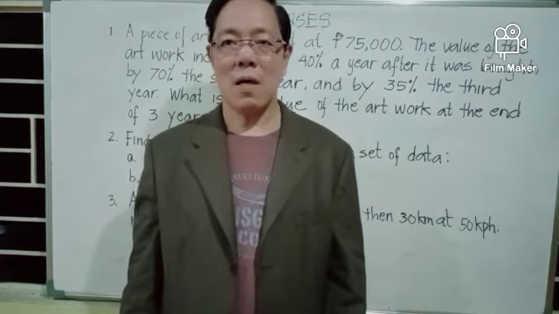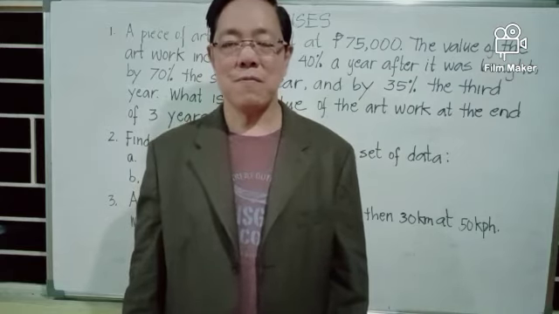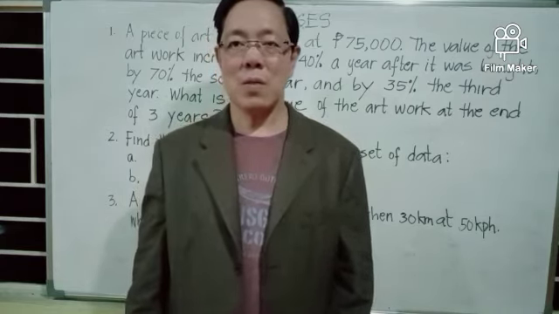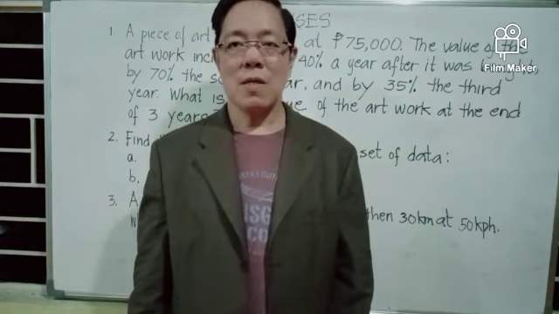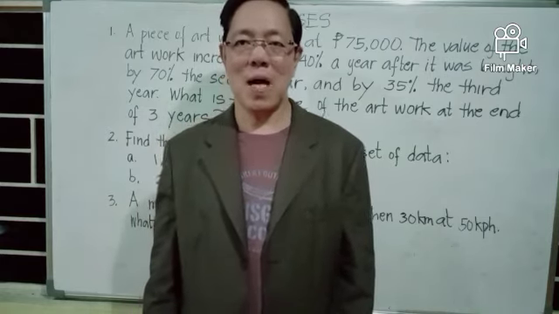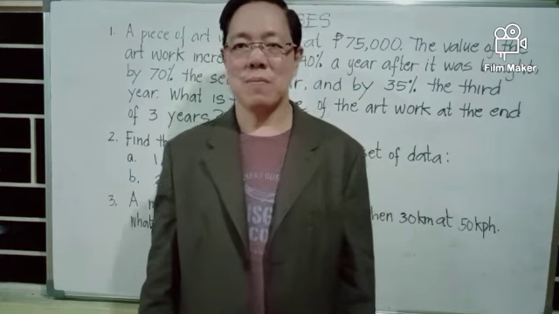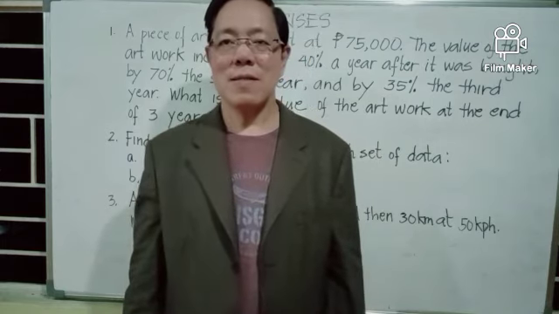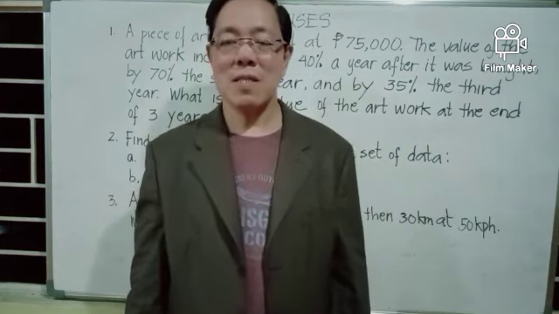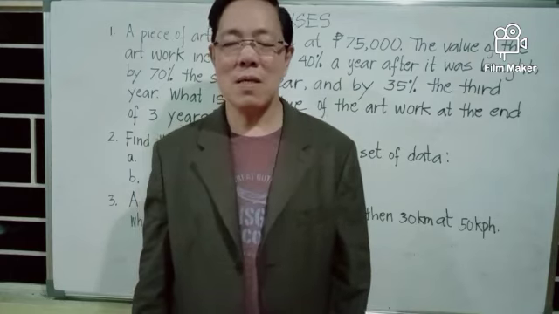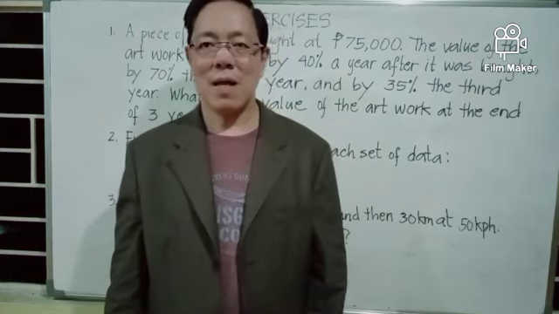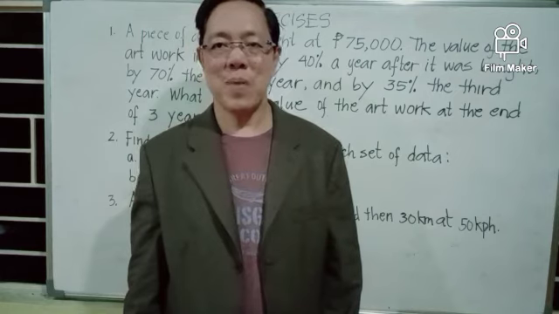If you get the geometric mean of 2 values or 2 numbers, the geometric mean is also known as mean proportional. So don't forget, the Pythagorean means are the arithmetic mean, geometric mean, and harmonic mean.